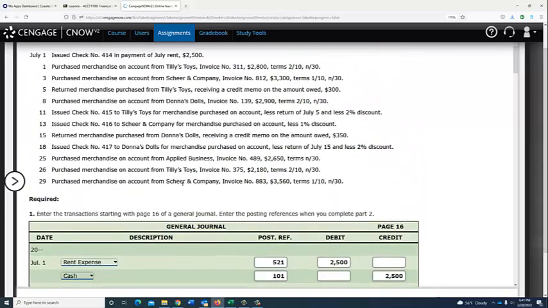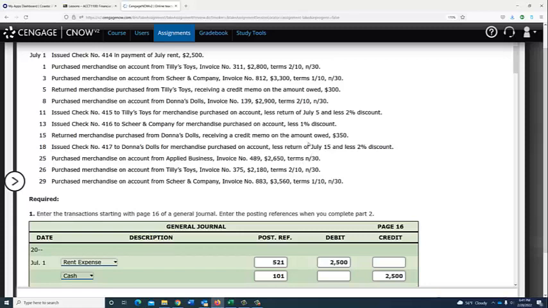All right, we're going to the next page of the journal. We're going to issue the check to Donna's Dolls for the merchandise purchased on account, less the return, less the discount. Okay, so Donna, we made the purchase on the 8th. If we add 10 days, that's the 18th. So we are eligible because we cut the check on the 18th.